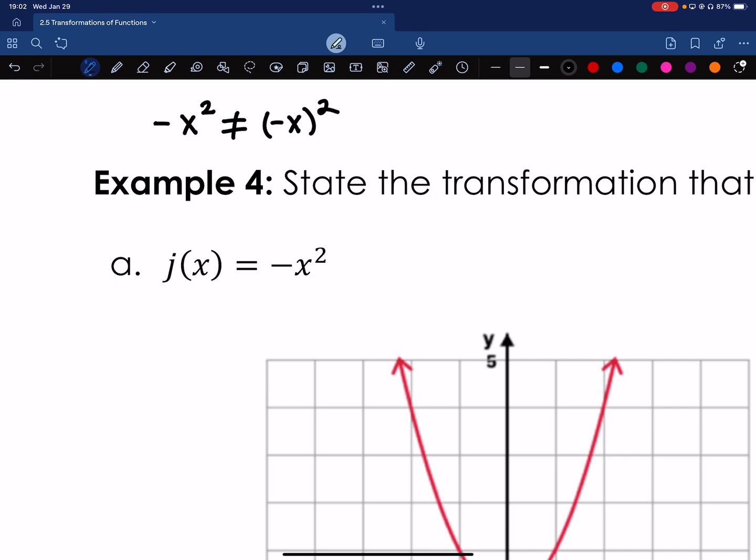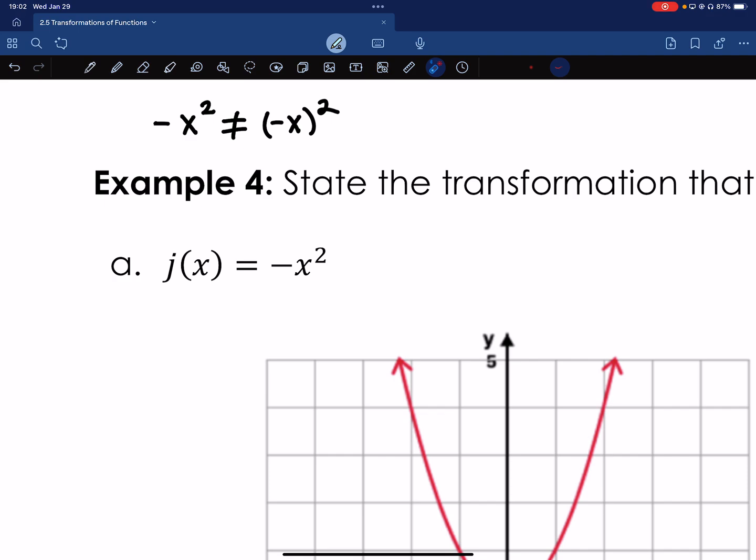This first one, only the x is being squared, and then it's being multiplied by a negative 1. And the second one, the negative x is being squared, which means you have a negative x times a negative x. So those are not the same thing.